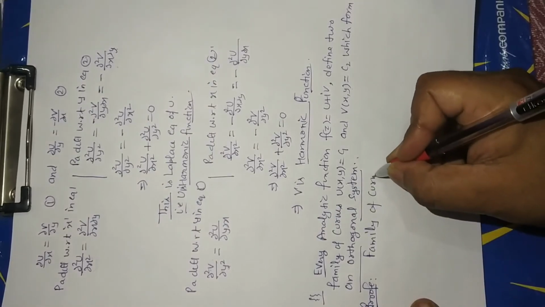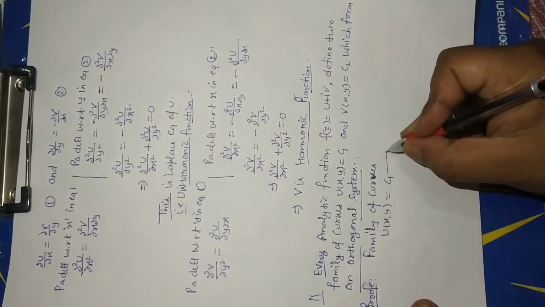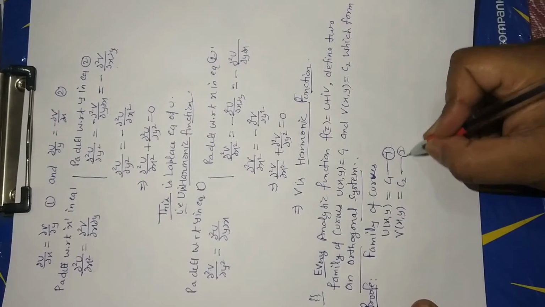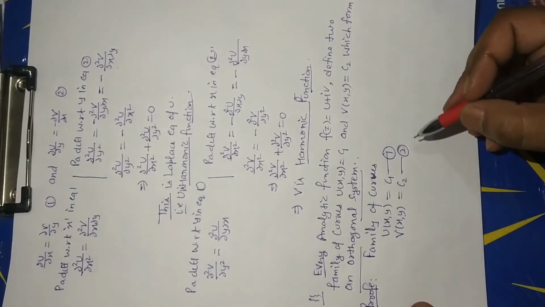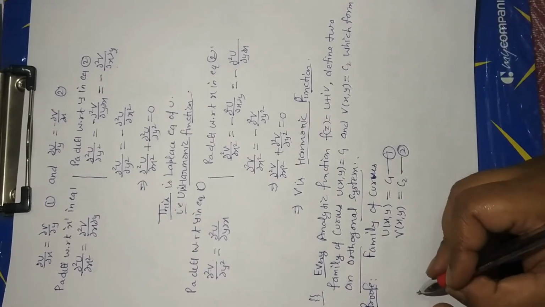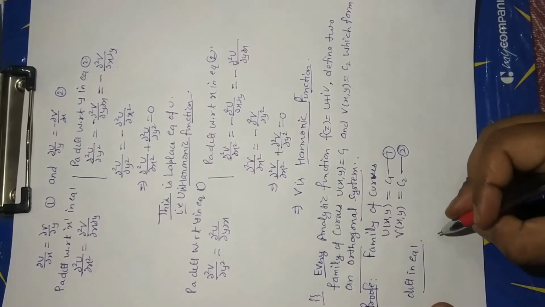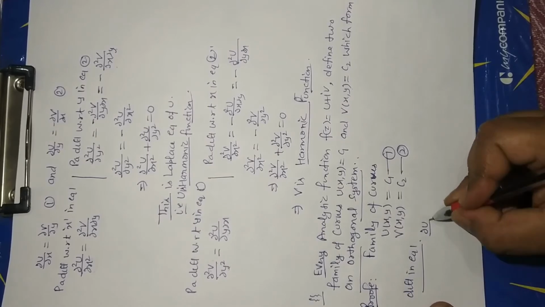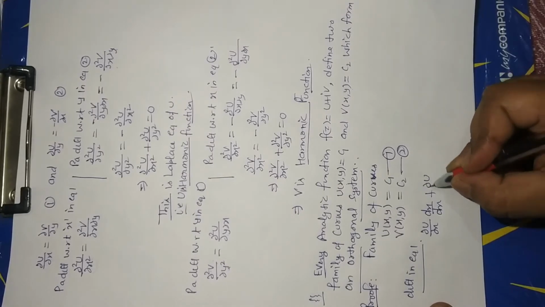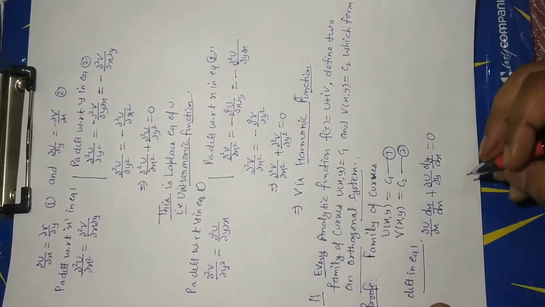Families of curves: u(x,y) equal to c1, equation number 1, and v(x,y) equal to c2, equation number 2. Now differentiate equation number 1: del u upon del x dx upon dx plus del u upon del y dy upon dx equal to 0.